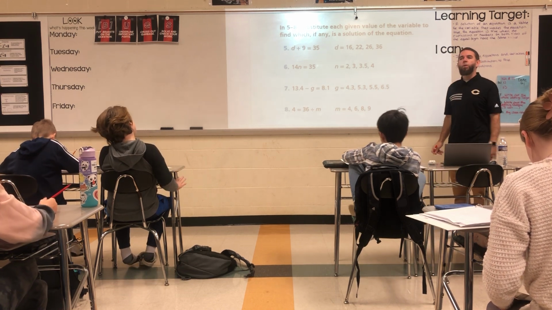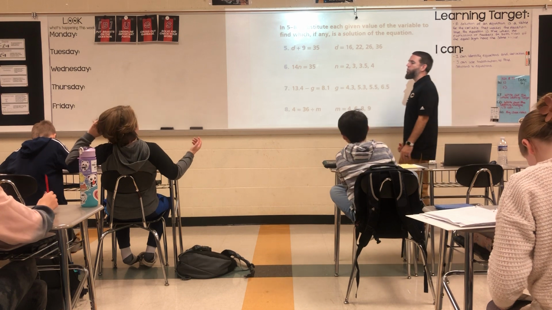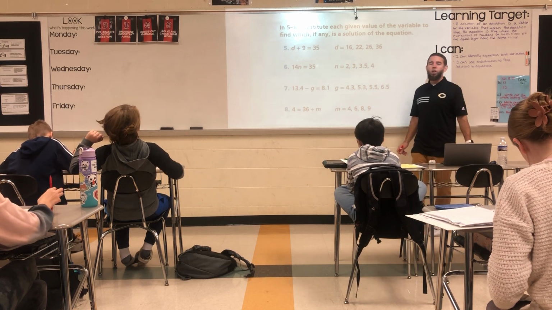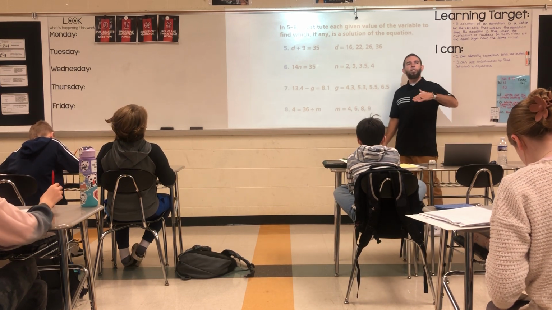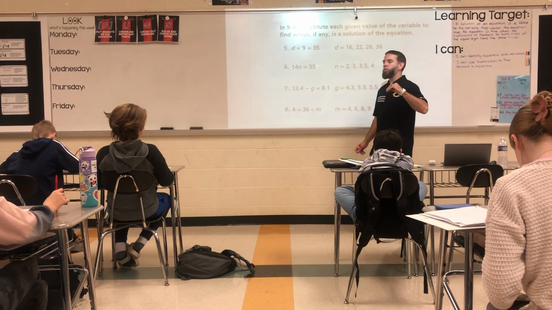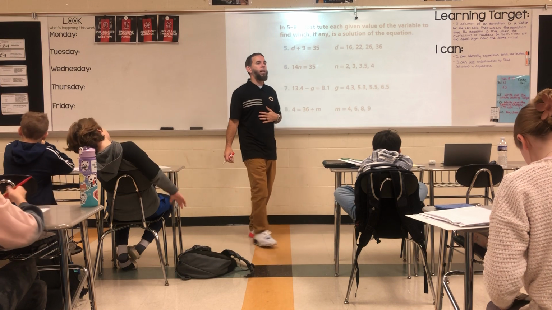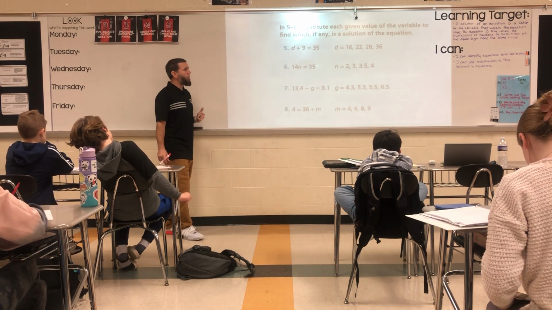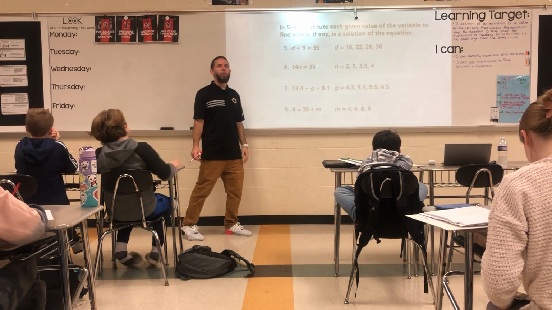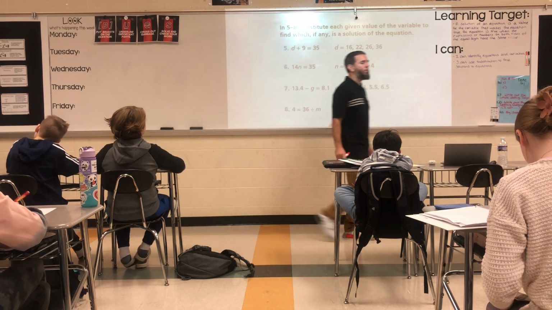And it's exactly what we talked about on today's bell work. So there are some steps that you need to understand how to properly communicate and use the correct terminology. So the first problem, D plus 9 equals 35.